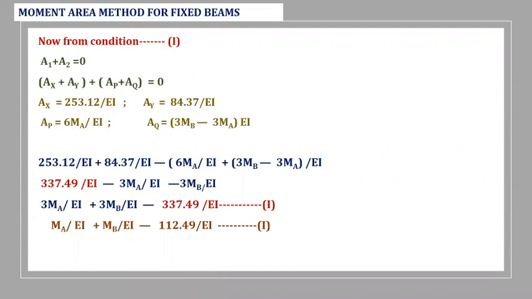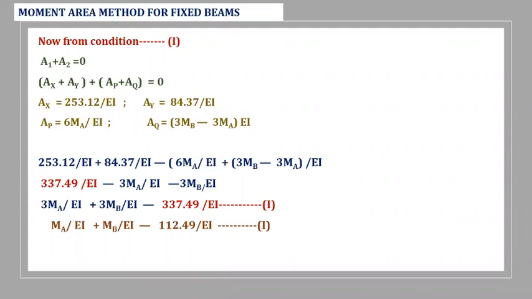So from the beginning, I have A1 divided into AX plus AY. A2 is divided into two parts, AP plus AQ. So you already have the values above, you can directly substitute. So for the PPT, again I will indicate AX. There is no need to indicate again AX. First you will write from condition 1, A1 plus A2.